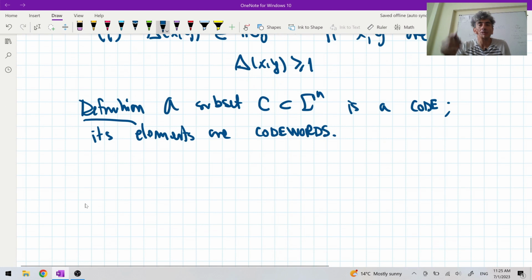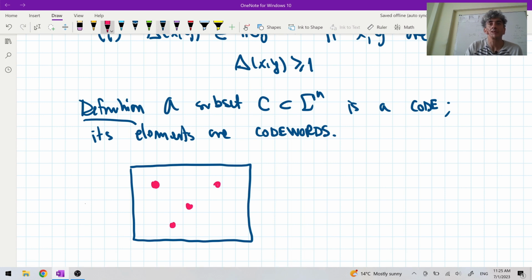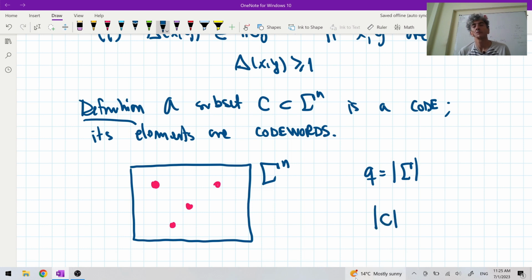So we need to think of codes as points in sigma to the n. Of course, in technical applications, n will be big, q, which is the length of the alphabet, will be big, and C will be big. But for all practical purposes, we can think of a code as some points in sigma to the n.